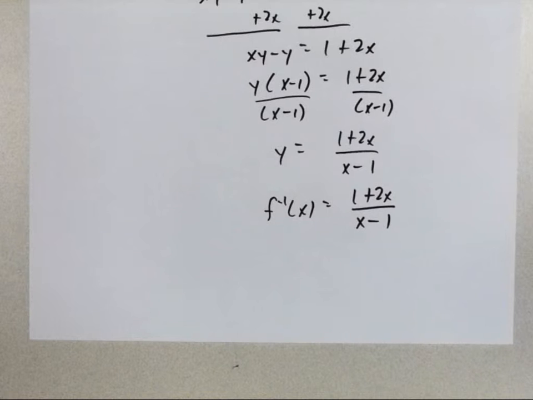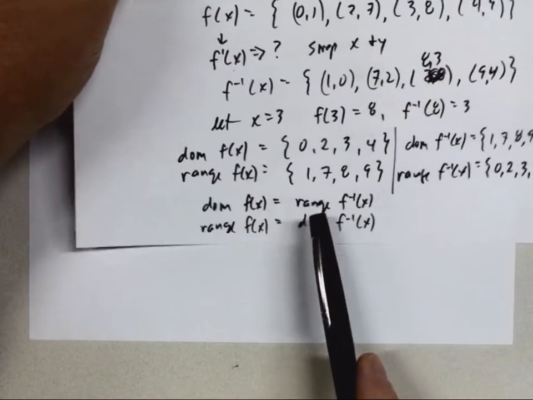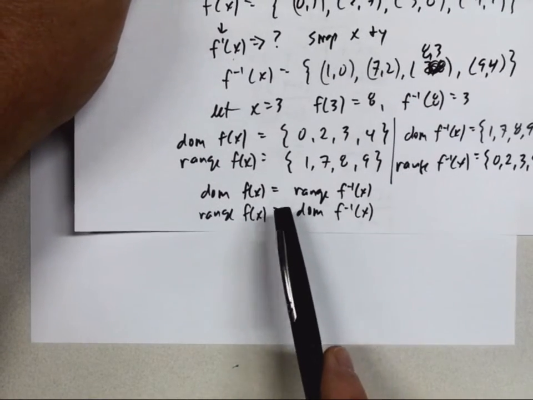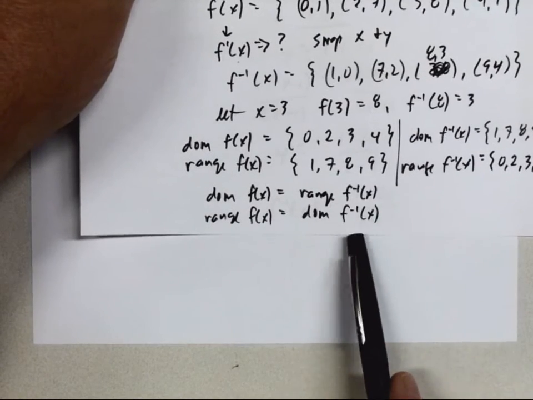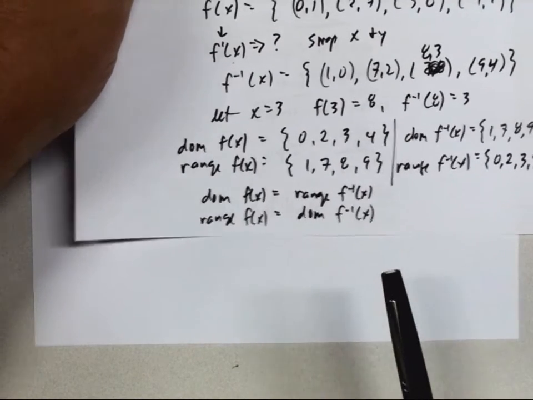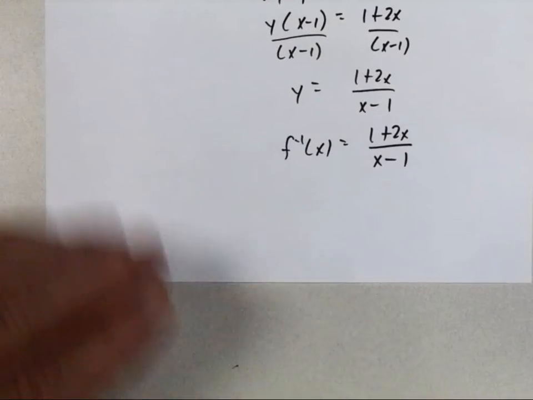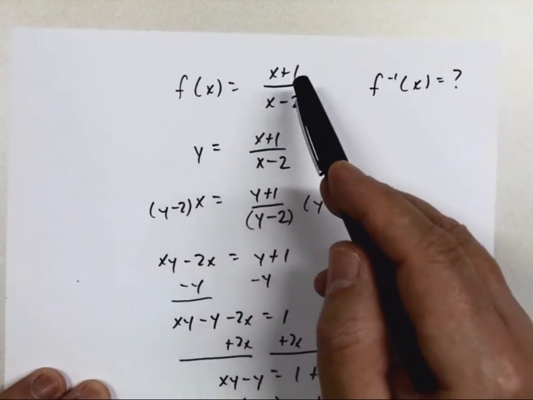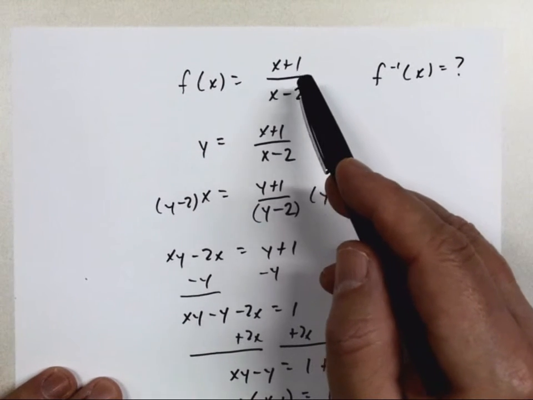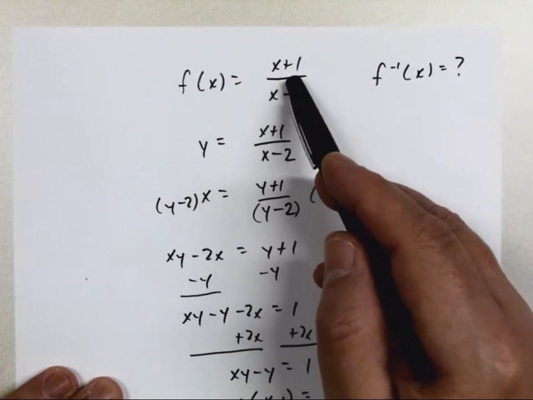Now you're going to have some problems where I'm warning you, this principle of the domains and ranges of the functions and inverses, they just sort of swap. Let me do one quick example. Actually, I'll just use this one. Let me just look at the domain. Well, I can look at domain and range.